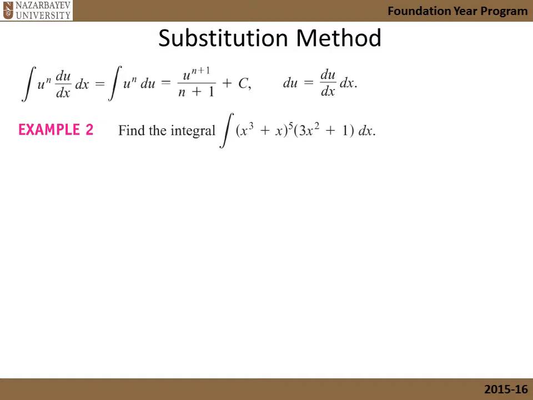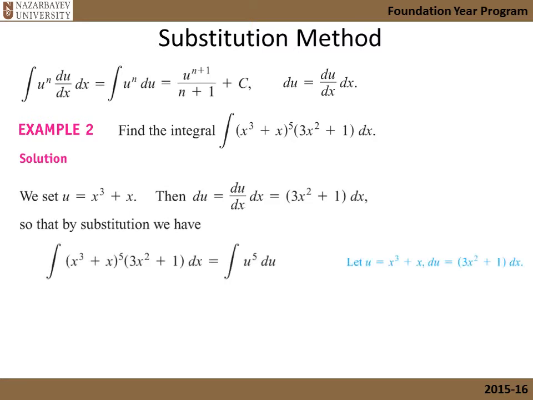Let's look at the example. We need to find the integral of this function. We can see that 3x squared plus 1 is actually the derivative of x cubed plus x, right? So we set our u equals x cubed plus x, and then our du will be equal to du over dx times dx, which equals 3x squared plus 1 times dx.